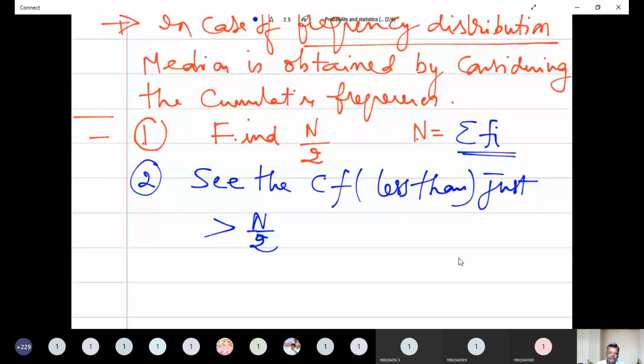Finding the value of n by 2, we have to find the cumulative frequency just greater than n by 2.